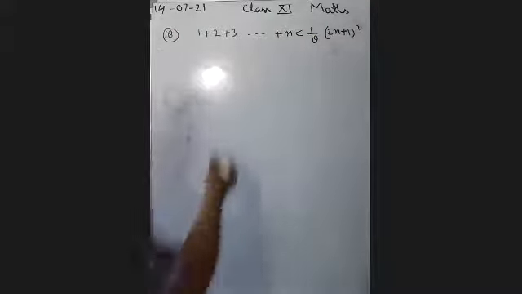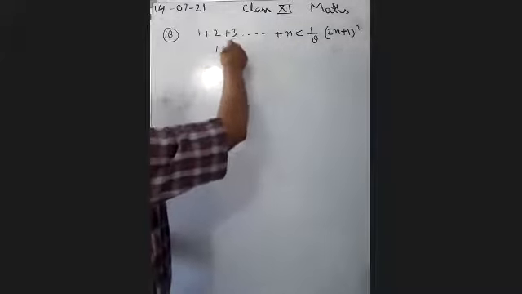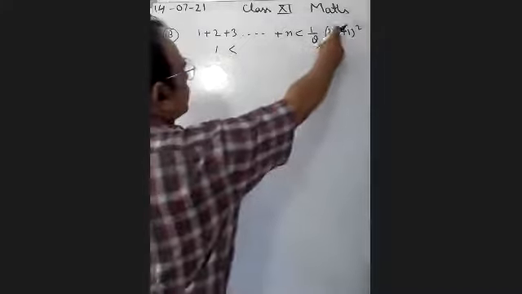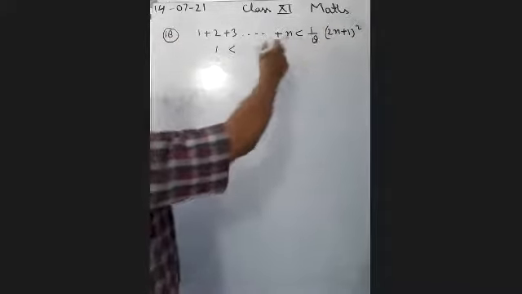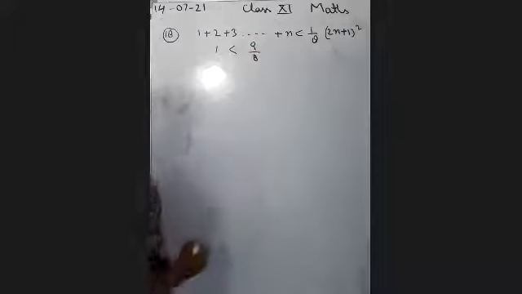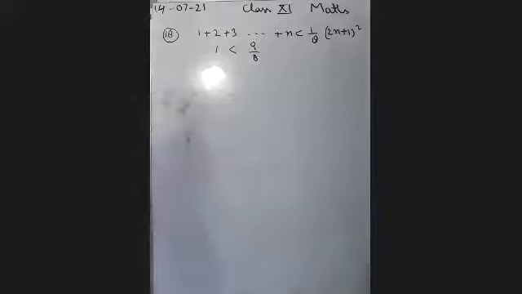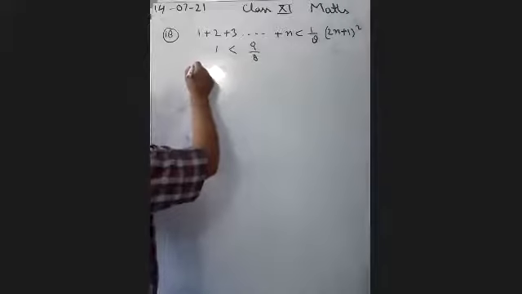For n equal to 1, the left hand side will be 1, and the right hand side will be 1 upon 8 into 2 plus 1, that is 3 square, 9 upon 8. So 9 upon 8 is greater than 1, you will get 1 point something. So the inequality is true for n equal to 1.